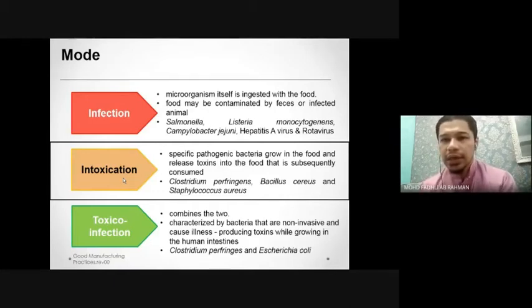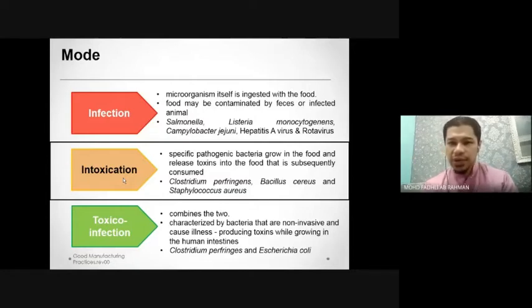And the last one is toxico-infection, which combines two, infection and intoxication. It is characterized by bacteria that are non-invasive and cause illness, and at the same time produce toxins while growing in the human intestine.